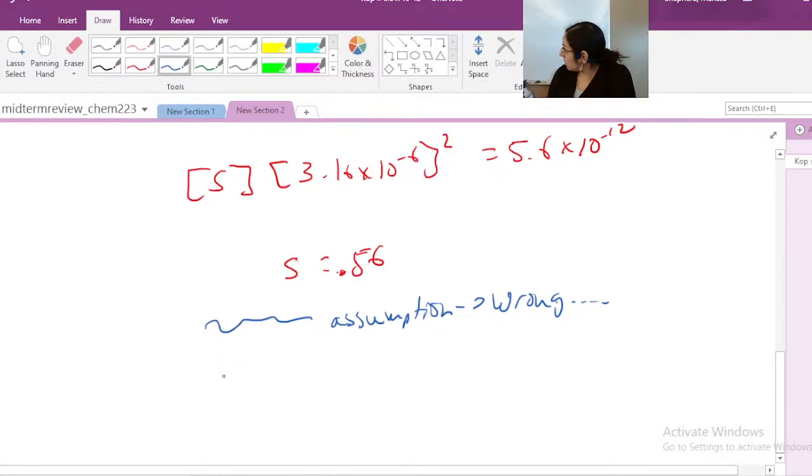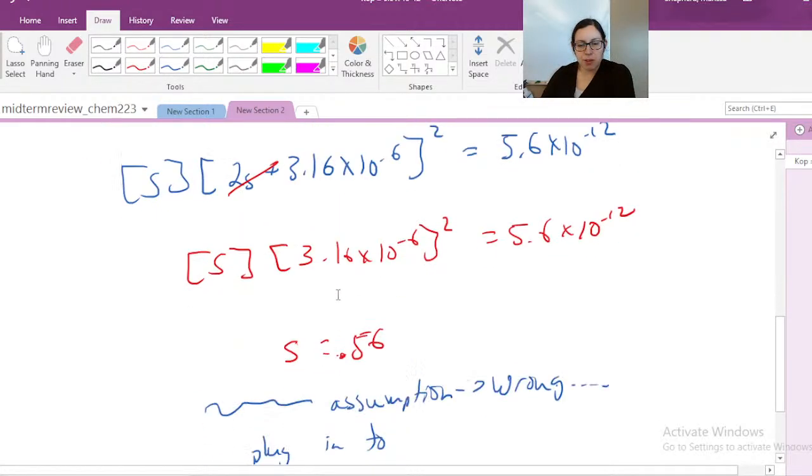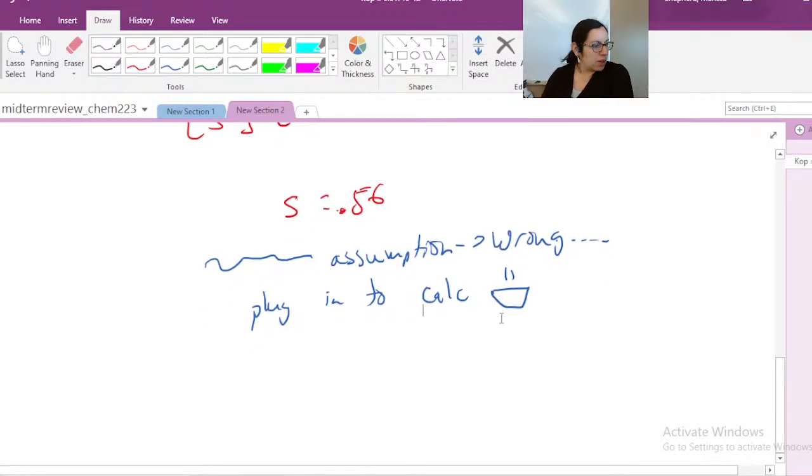And so again, I'll just say plugged into calculator for now. Otherwise, we can go through this algebra, but like I'm telling you, on your exam these numbers will actually work. So I'll say plug into calculator for now. And then I just want to double check our value.